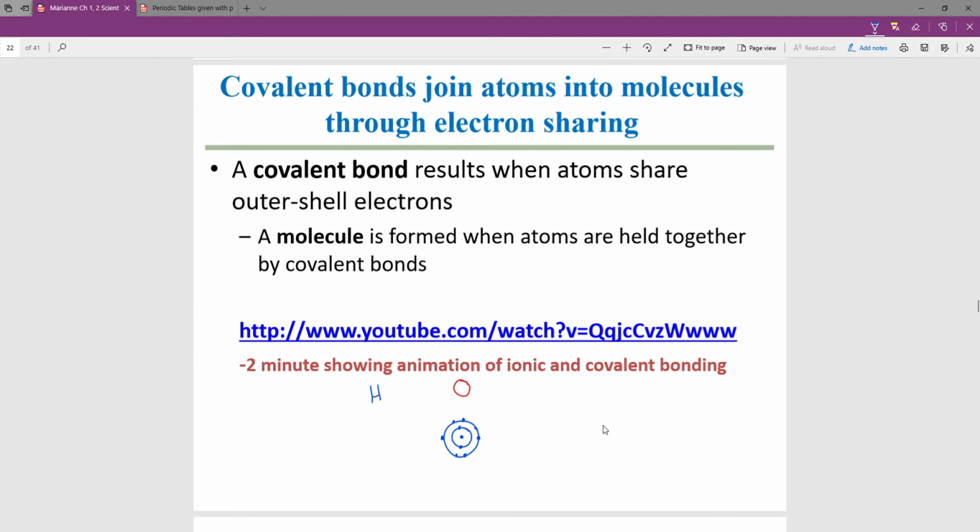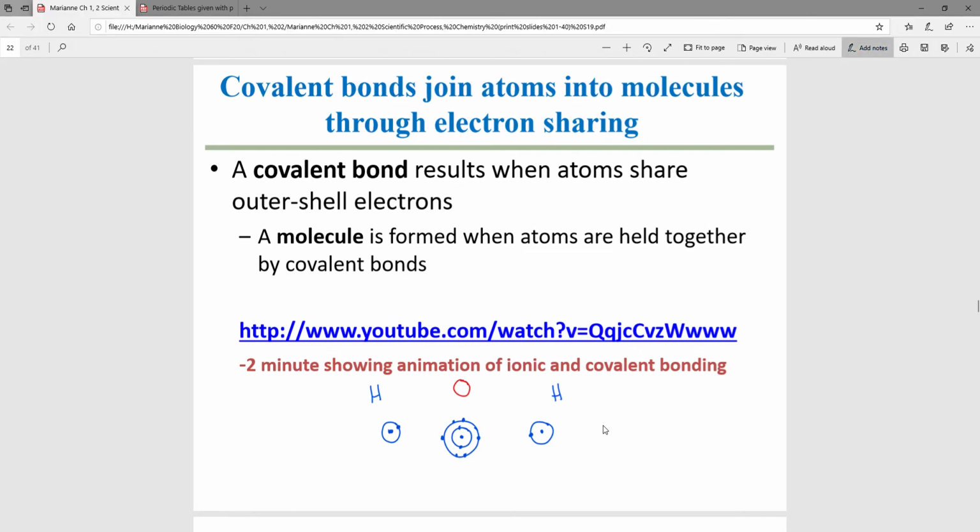Hydrogen, if I talk about hydrogen, has a nucleus, and then it has just the 1 electron, right? Because it's atomic number 1. And so how this comes together is through covalent bonding. They don't give up and get, but they share.